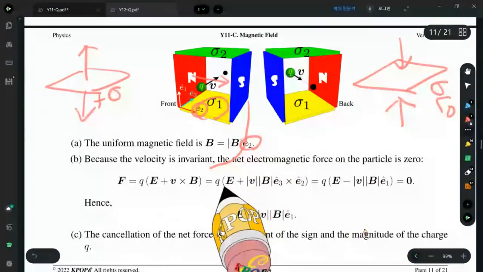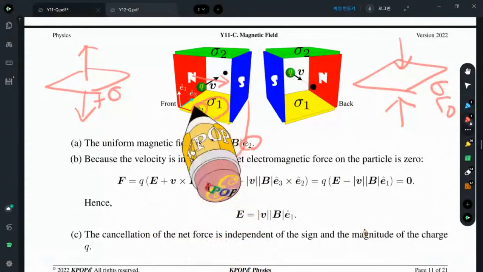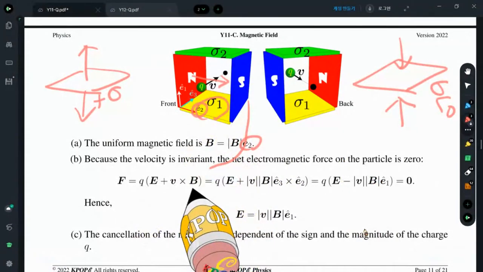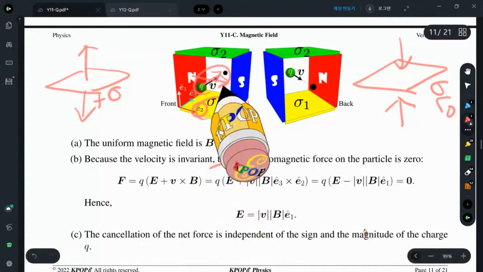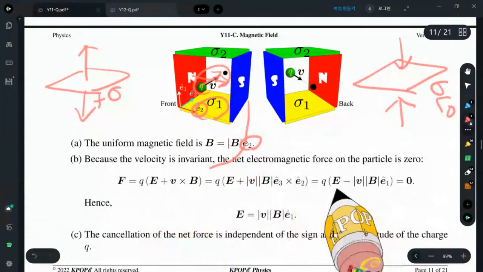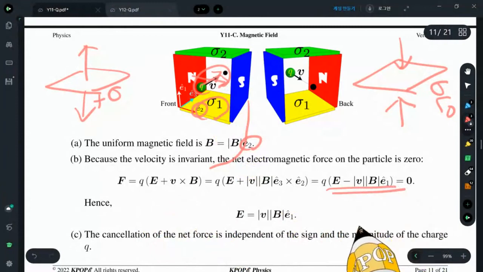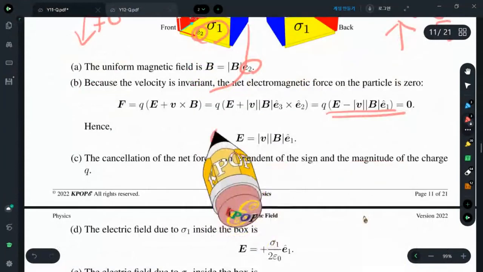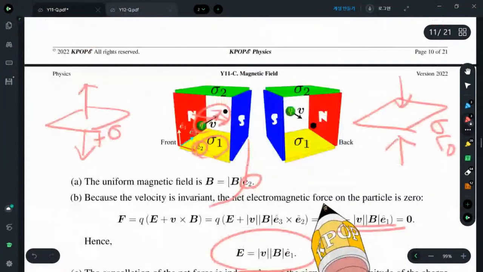Electric field, I don't know. Substituting the B field, and the velocity is given in here, that is uniform, so we can determine the relation. That means the electric field is along E1.